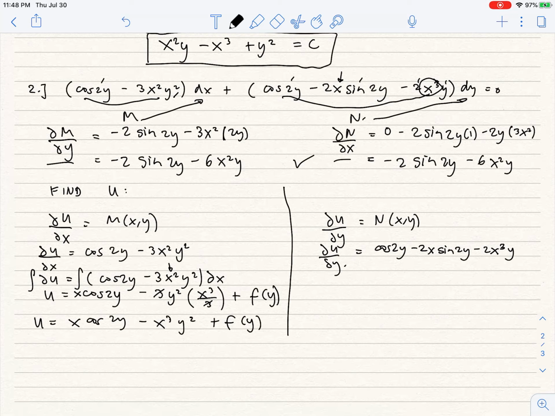Then, transfer ni diri by multiplying both sides by dy. So, this is now du is equals to cosine 2y minus 2x sine 2y minus 2x cubed y, then multiplied by dy. So integrate both sides with respect to y.